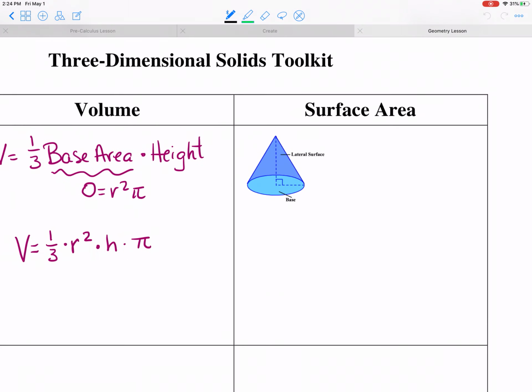So if we look at this, we want to take the base area, which is the radius squared times pi. To that we want to add the lateral surface, which we said we could find by taking the slant height times the radius times pi.